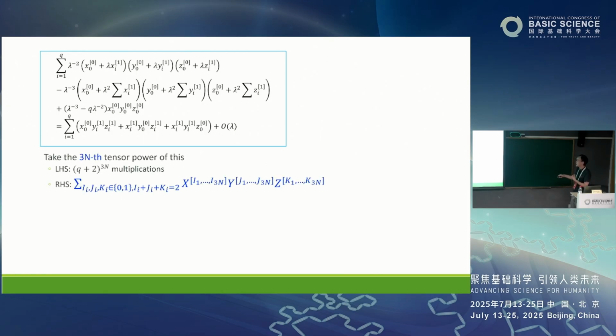So let's take the 3n tensor power of this. Then the left-hand side will be q plus 2 to the 3n multiplications. The right-hand side is a sum of these, because for every term, the sum of the superscripts is 2.